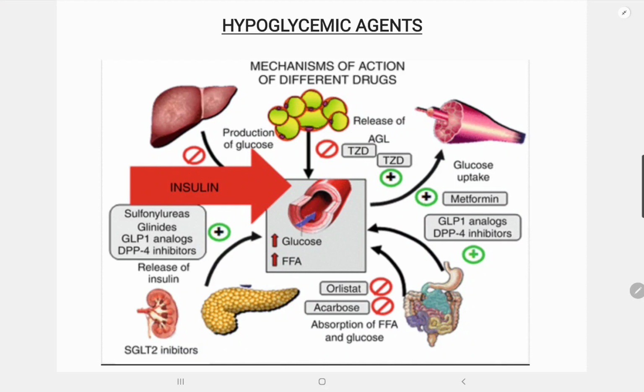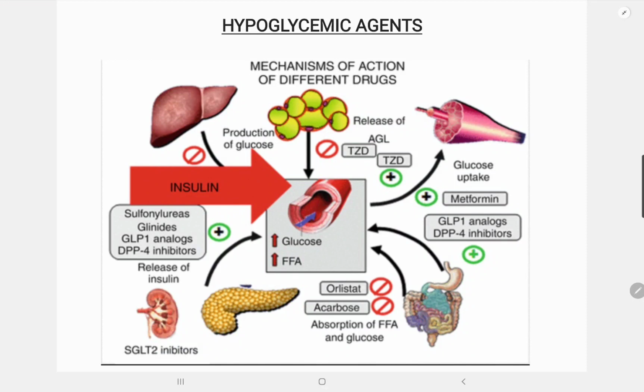And the major thing that they do is suppress glucagon secretion, as well as slow down the gastric emptying and promote satiety, thereby preventing rapid increase in the postprandial blood glucose, and they also decrease appetite, which can eventually lead to weight loss. DPP-4 inhibitor examples are sitagliptin, and DPP-4 is an enzyme that breaks down GLP-1. So if we inhibit DPP-4, GLP-1 is raised, and therefore there is an increase in insulin release from the pancreas.